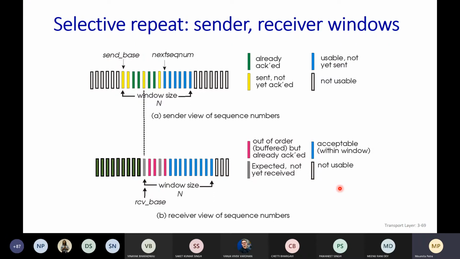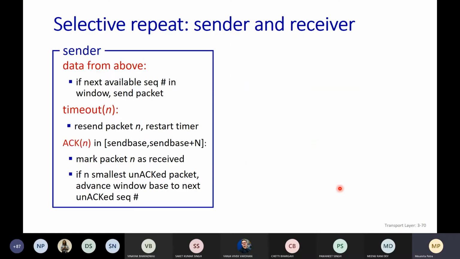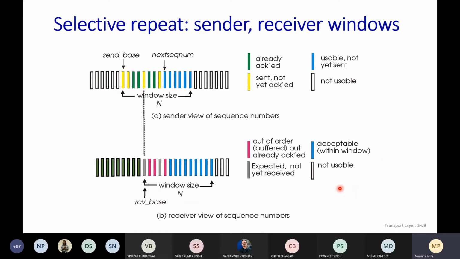So let's check what tasks there are at both the sender side and the receiver side in case of selective repeat. What happens at the sender side? First things first, the data has to come from the above layer. If the next available sequence number is within the window, then the packet can be sent.